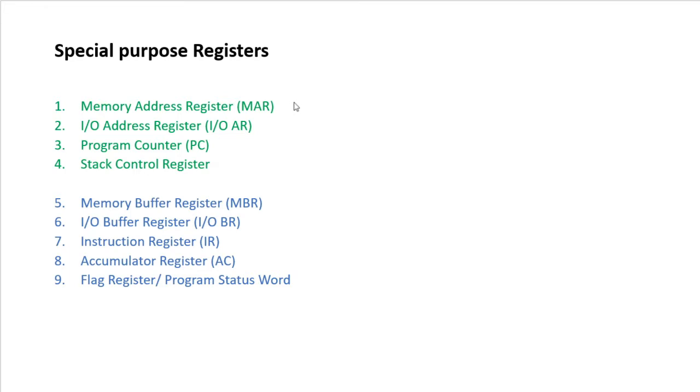You can see there is a color scheme which I am following here. You can see that these four are colored green, right? And the name itself is suggesting that these registers generally store addresses, right? IO address, memory address, program counter we will discuss, stack control we will discuss.